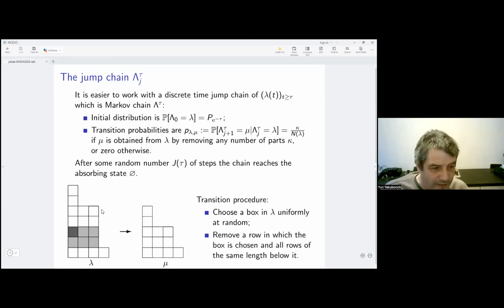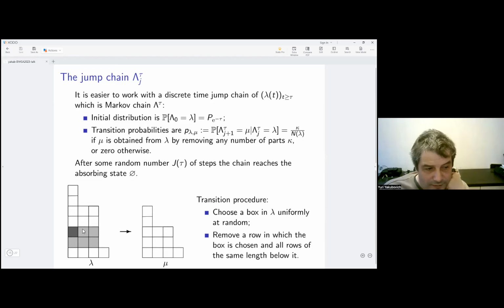So suppose we have some diagram lambda, and then we choose uniformly at random one box in this diagram, and then we remove the row containing this box and all rows of the same length below it.